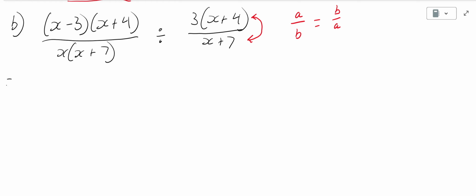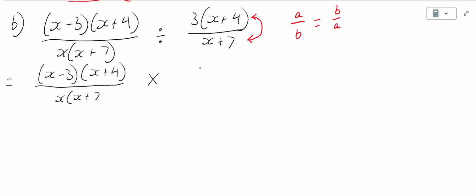So in the next line of working, my first fraction is going to stay the same. Then I'm going to multiply it by (x + 7) over (3x + 4). Then we look for what is common.